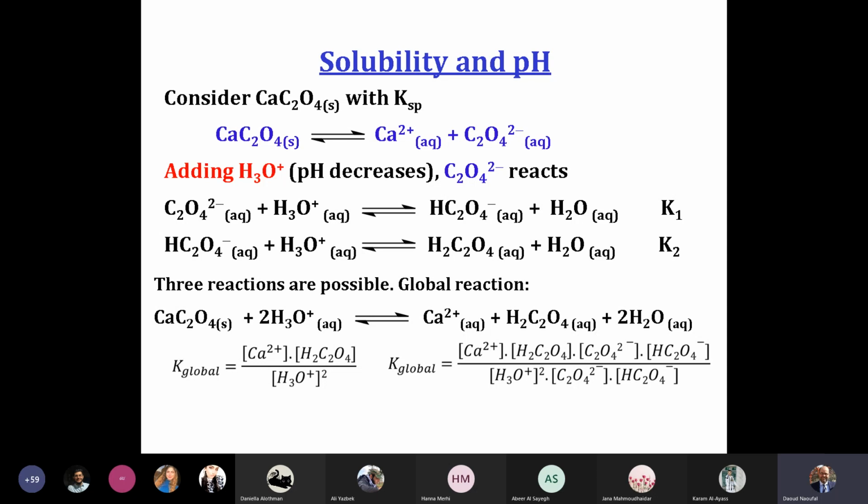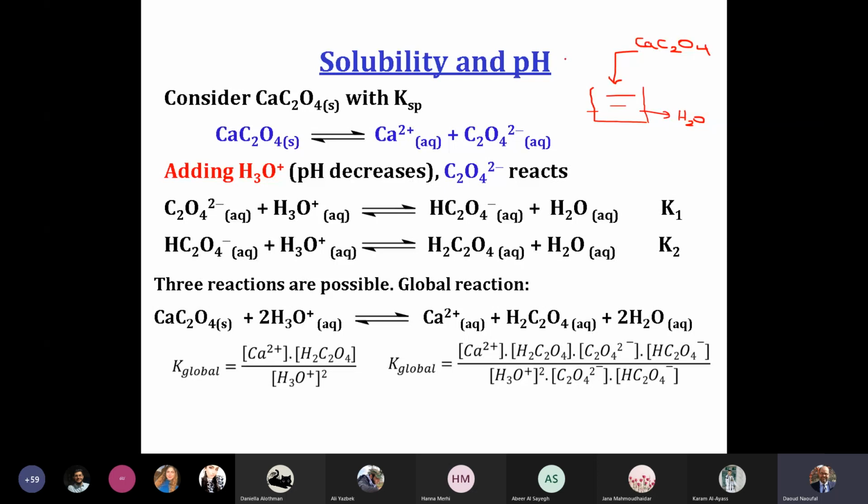Before addition of H+, I have water, so I add CaC2O4.